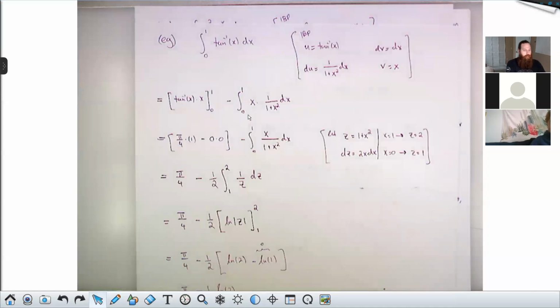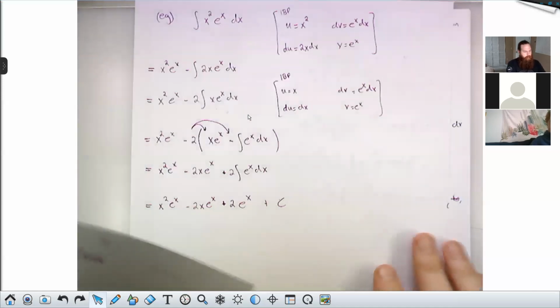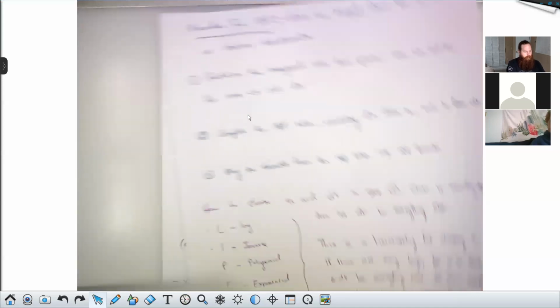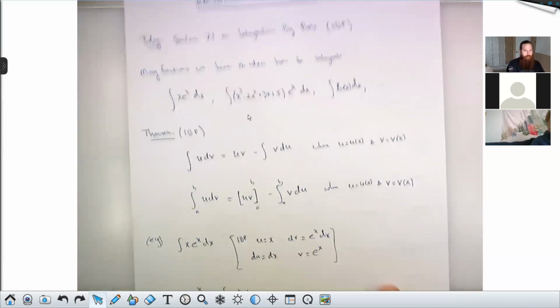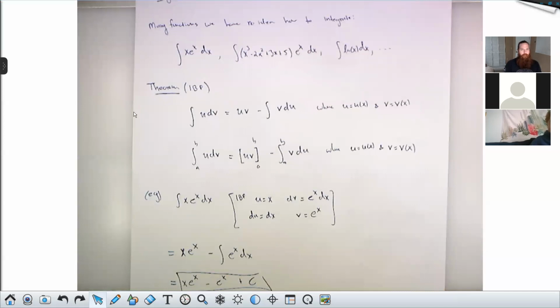So the two different forms of that, or versions of that formula, one for definite integrals and one for indefinite integrals, make sure you have these straight. If you're doing integration by parts on an indefinite integral, it's easy, you know.